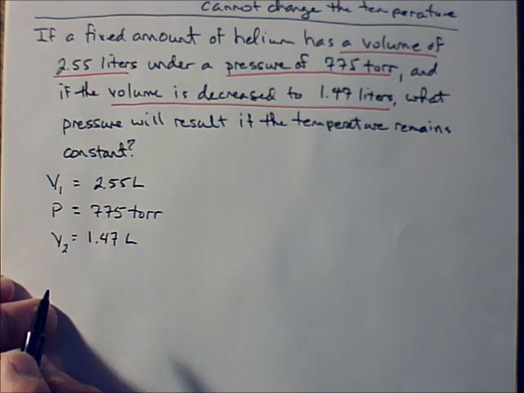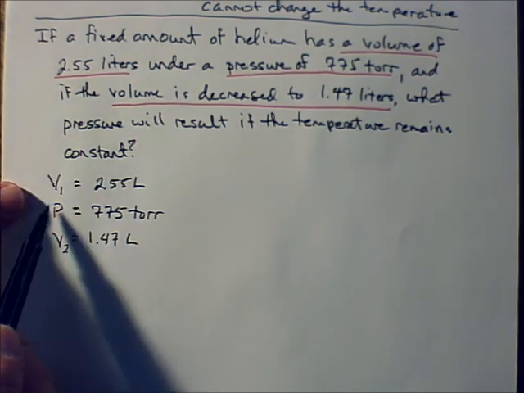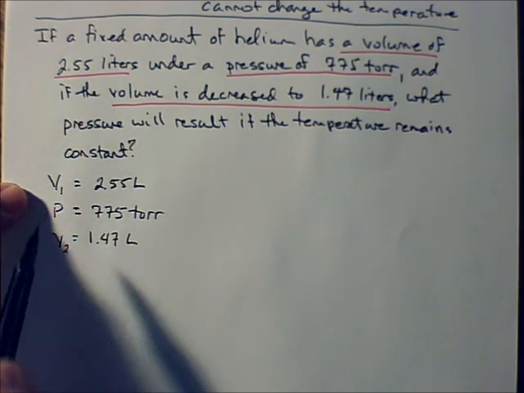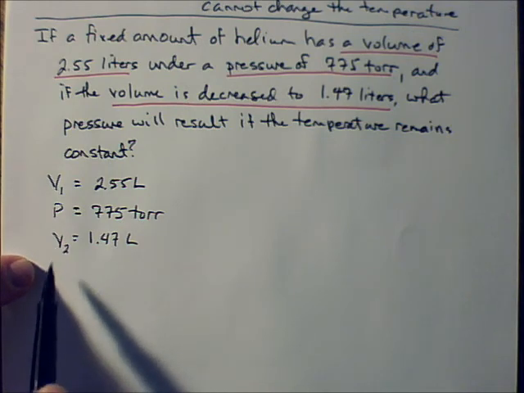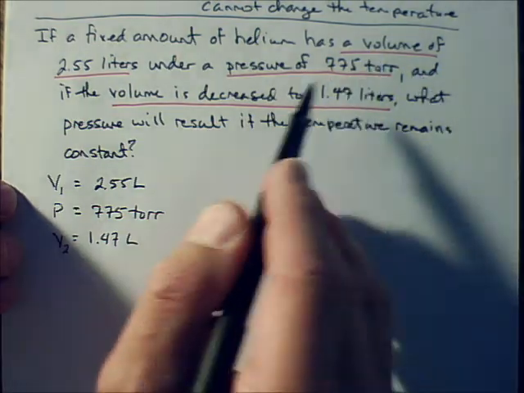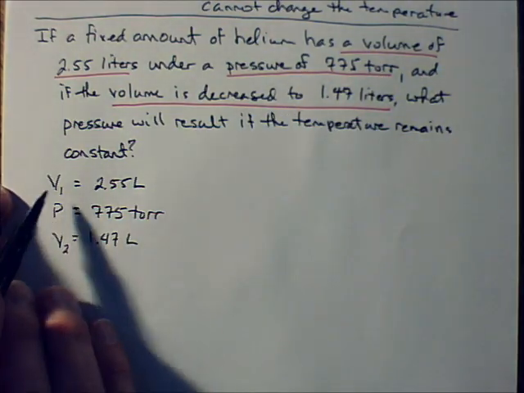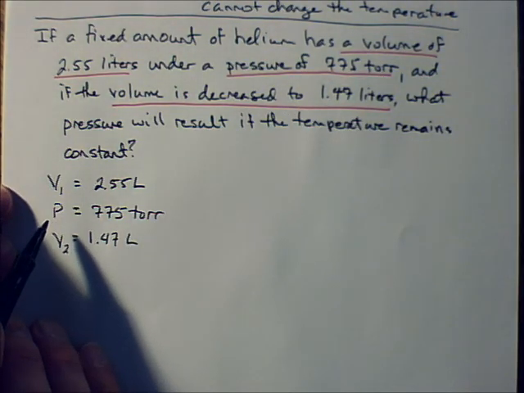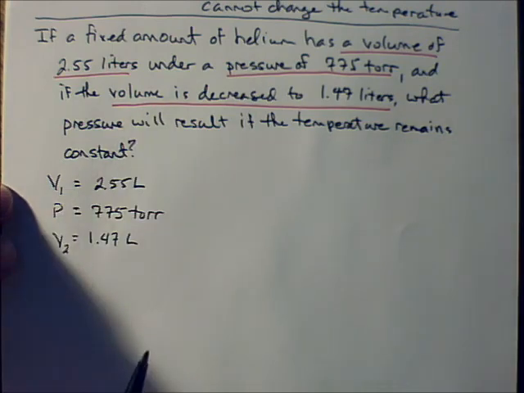Does it matter which one's one and which one's two? Not really, but you have to keep your pressure and volume the same, and your next pressure and volume the same. So you have to associate this volume with this pressure. So if you call this V2, you've got to call this P2 because they go together.